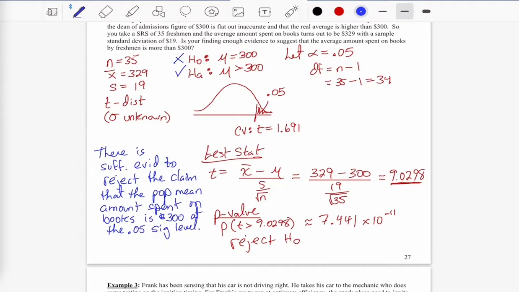Therefore, the claim that it is more would be true.